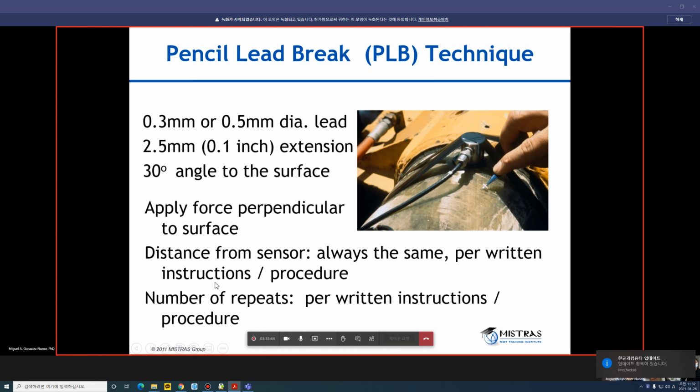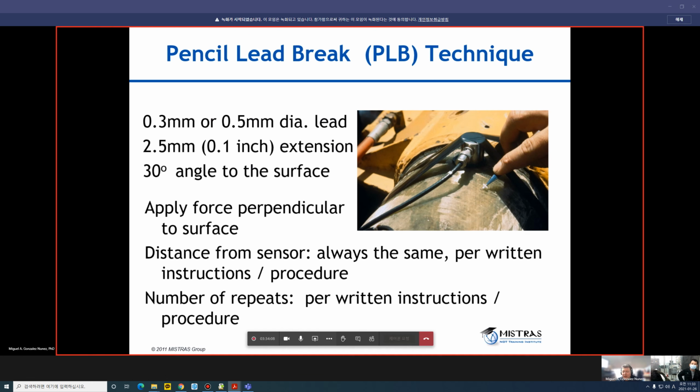So that's why we need to repeat this pencil lead break at least 3 times per sensor. And we need to calculate the average amplitude of the 3 pencil lead breaks.